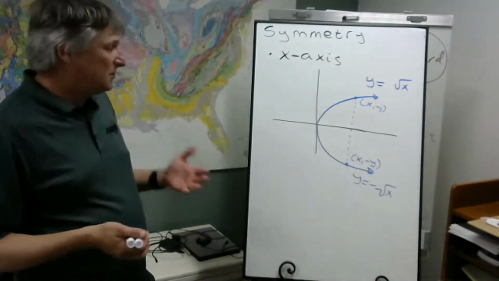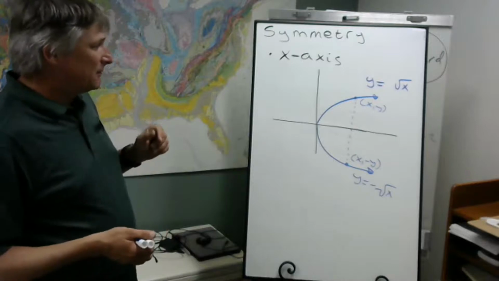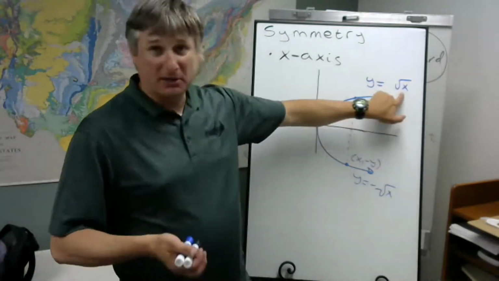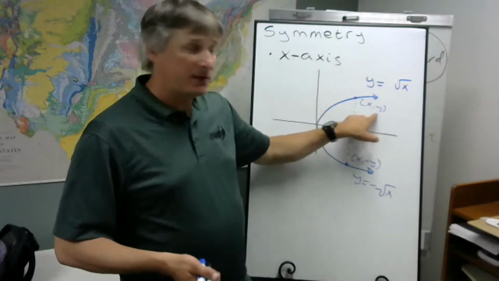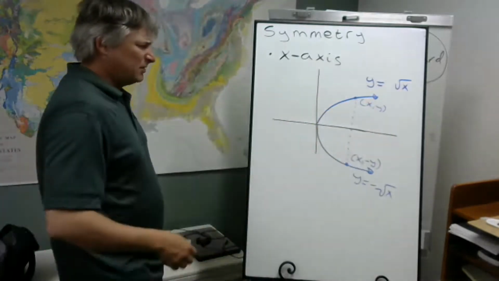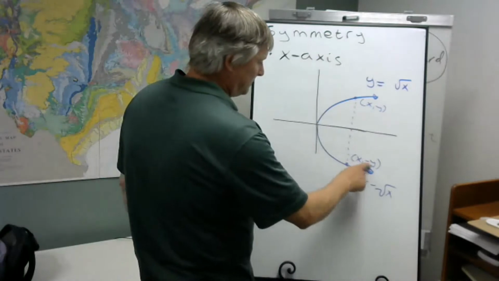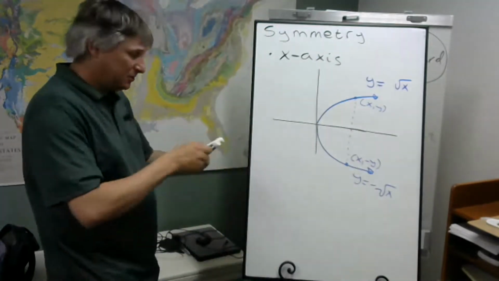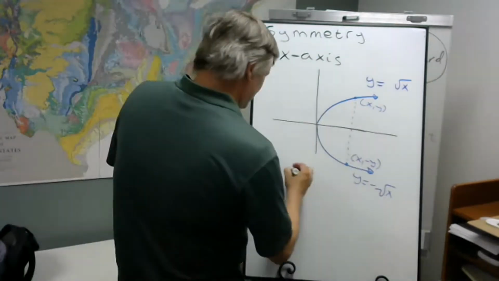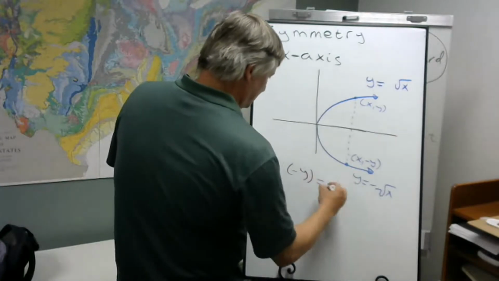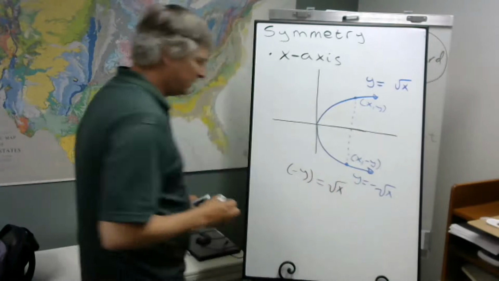So you could test this in some way. For example, if positive x and positive y are working here, square root of this gives you that. Well, then that means the square root of this would give you negative that. So we can substitute in negative y equals the square root of that positive x.